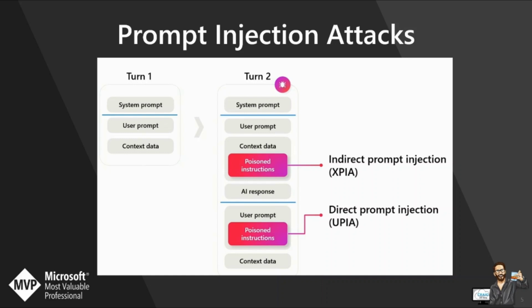During Build, Mark actually demoed an indirect prompt injection attack, which was super awesome. When he demoed it live, it was really cool. But obviously, this is such a significant security challenge in AI applications, and everybody needs to be aware of it.